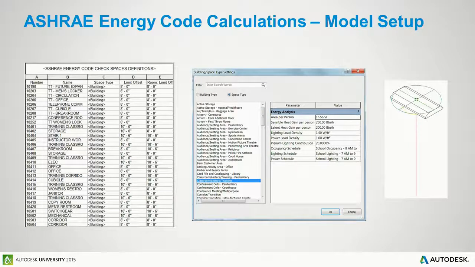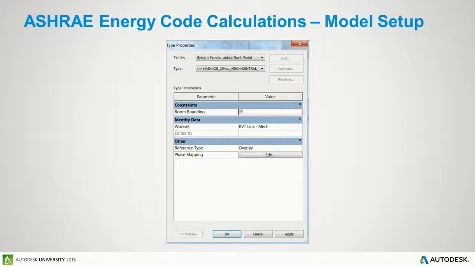Another item to note that is very important is none of this will work if we do not have the room bounding box checked on the link that we're trying to pull the data from. You will spend hours pulling your hair out trying to figure out why it doesn't work if we don't have this nice little box checked.